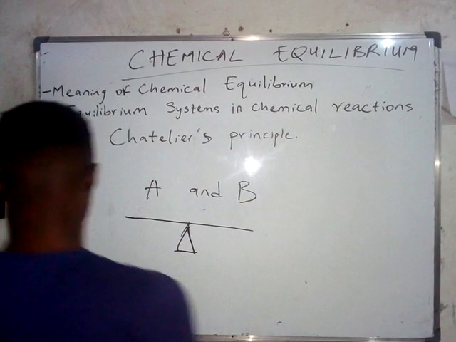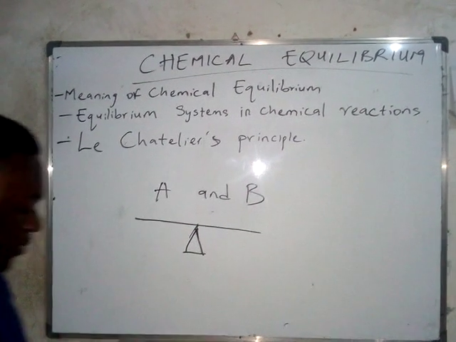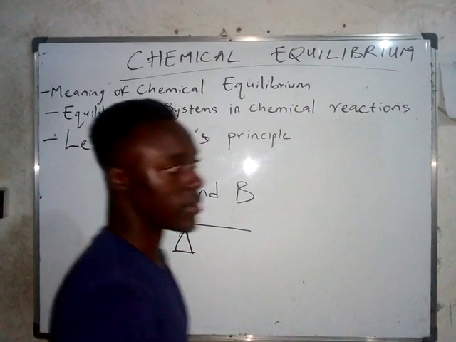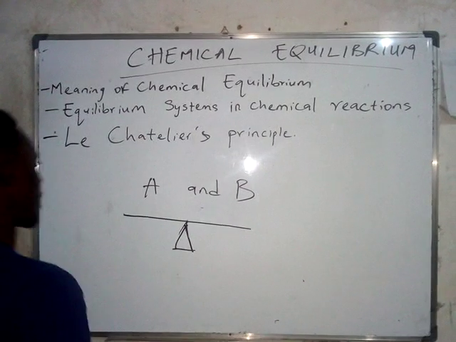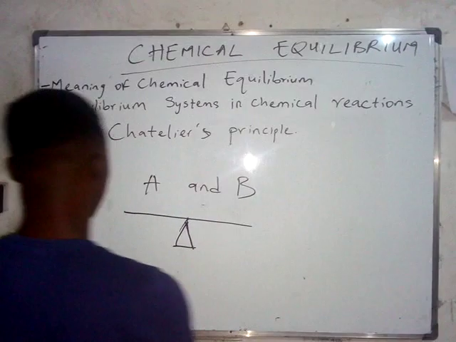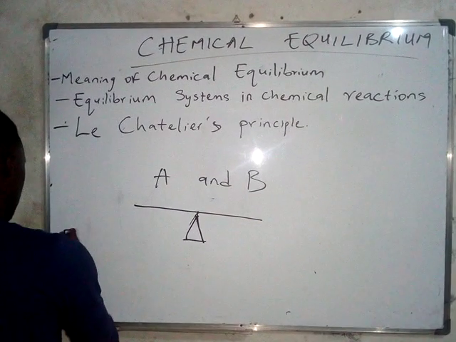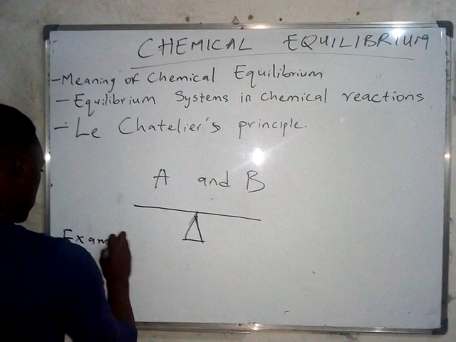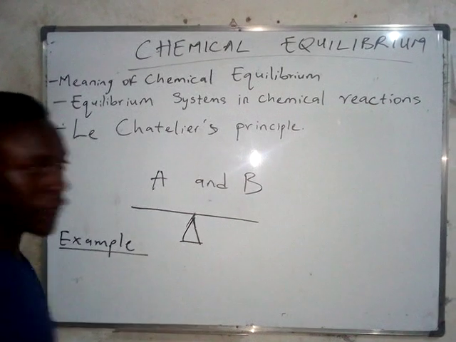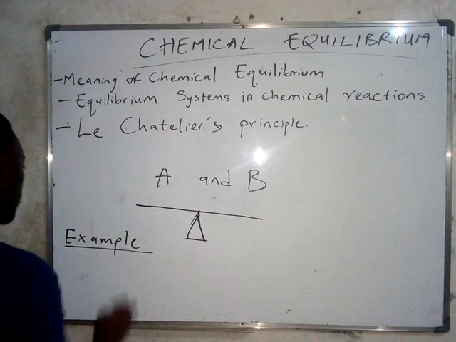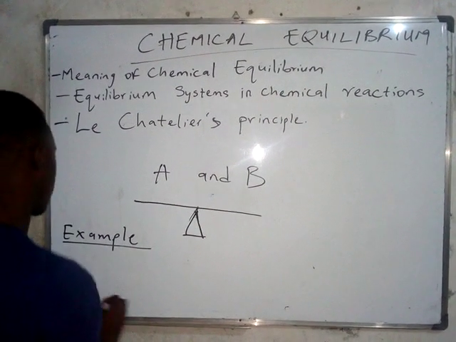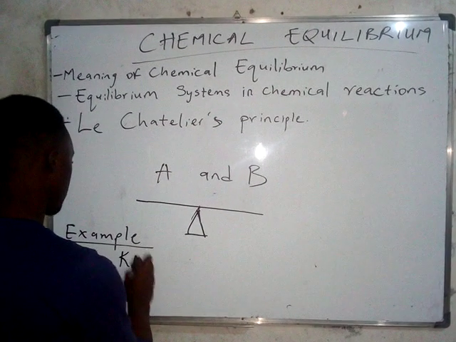Now, looking further at the concept of chemical equilibrium, we would like to use a certain reaction as an example. So let's take a look at a saturated solution. We'll first take a look at a saturated solution of potassium nitrate, which is KNO3.